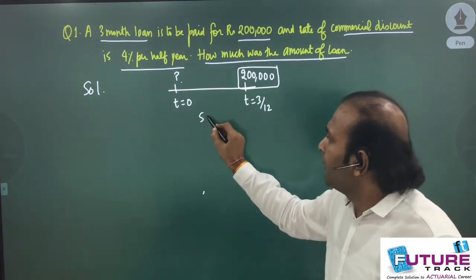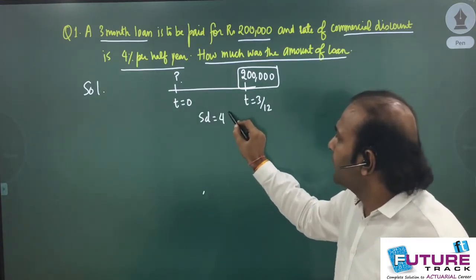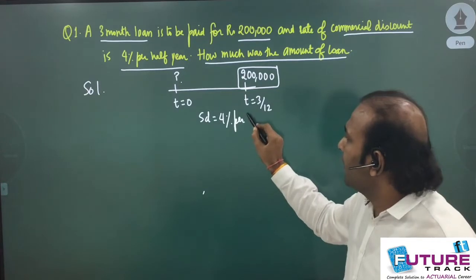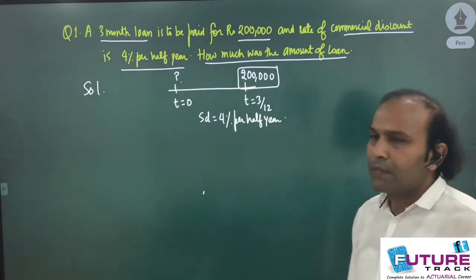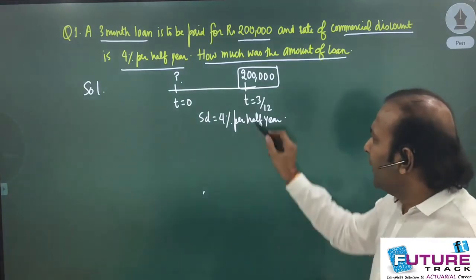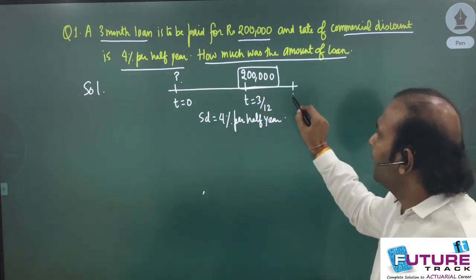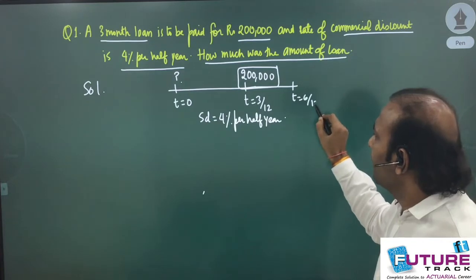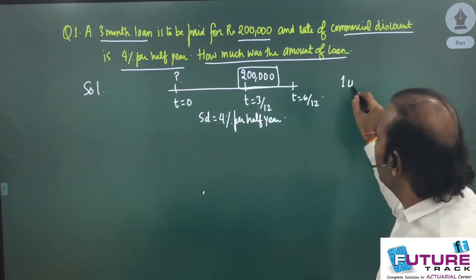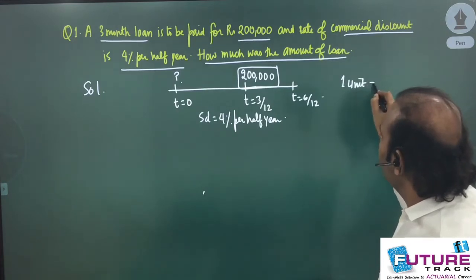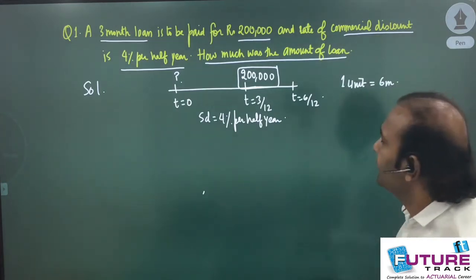So class, simple discount is 4% per half year. So how many half years are there? See, half year is of 6 months. So 6 months, 1 unit of half year is equal to 6 months.